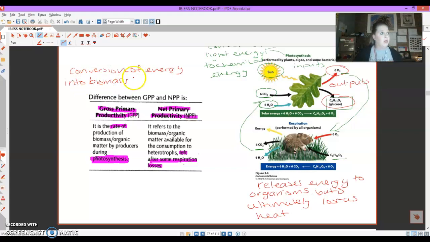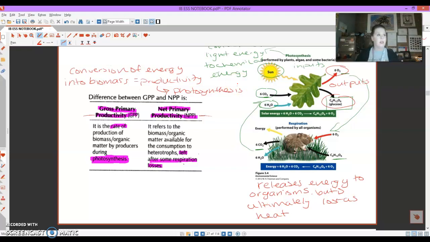Okay, and what this equals is productivity. So you have gross primary productivity, net primary productivity. What does productivity actually refer to? It refers to photosynthesis. So we can measure how much of this is occurring in an ecosystem. Okay, so gross versus net.